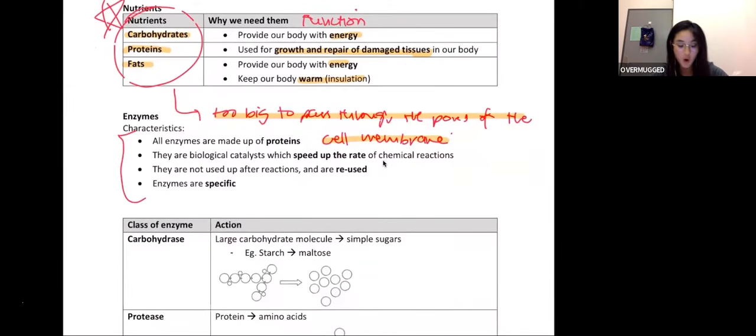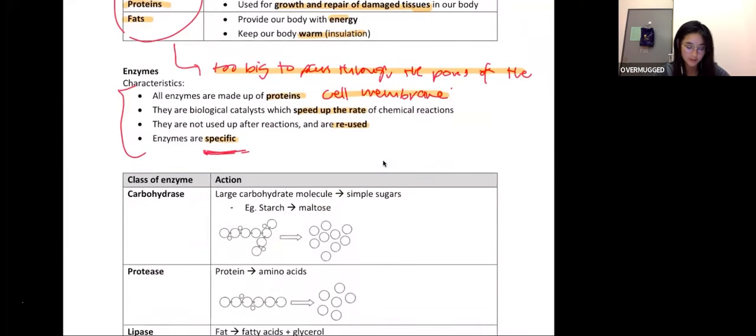For example, all enzymes in your body, digestive enzymes or any other type of enzyme, are made up of proteins. They speed up the rate of reactions. They are reused after a reaction, and they are specific. What is specificity of an enzyme? This means if an enzyme is only for breaking down carbohydrates, it will never be able to break down fats and proteins.